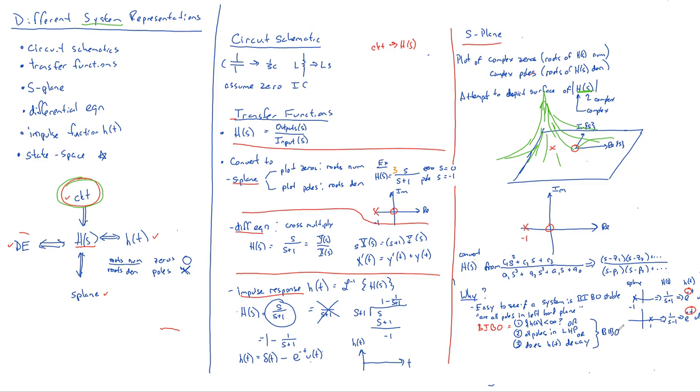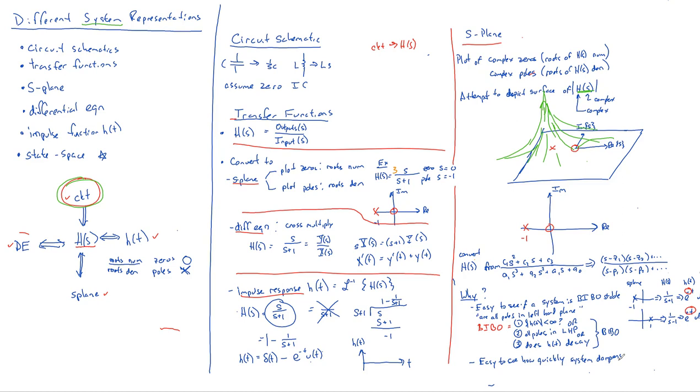But there's more. So one way is to see if a system is BIBO stable. Another reason why S-plane plots are useful is it's easy to see how quickly a system dampens or decays.